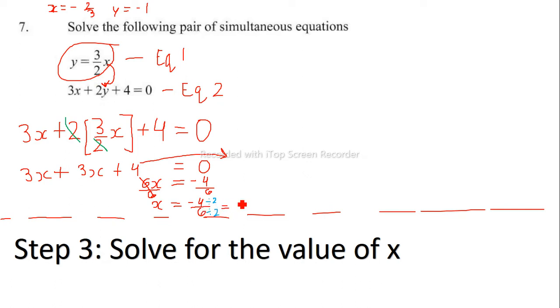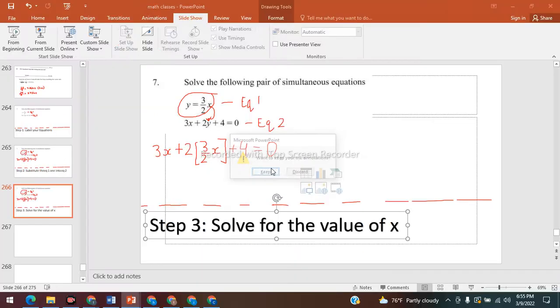Negative 4 divided by 2 is negative 2, and 6 divided by 2 is 3. So x equals negative 2 over 3. Voila. So that's what x is.